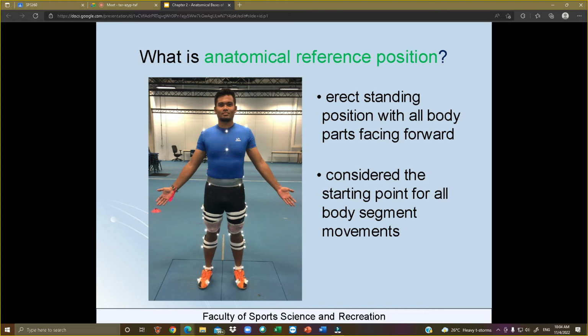Okay, macam huruf A kan. Most of the time, it is known as anatomical reference position. This will be considered the starting point for all body segment movement. Meaning, if we try to explain about kinematics, this is the starting of it. Barulah kita boleh cerita apa-apa yang berkenaan.